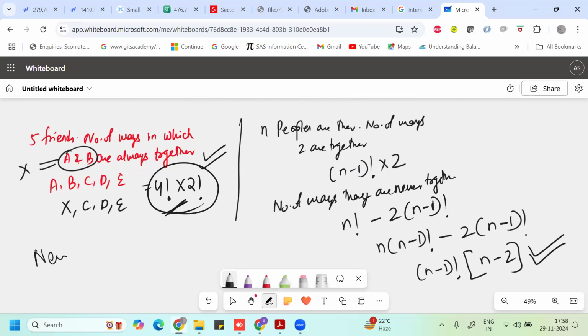And never together means 5 factorial minus 4 factorial into 2, which is total minus always together. Clear, everyone?